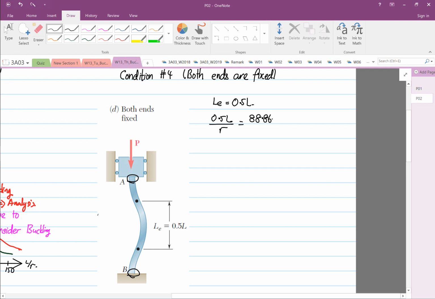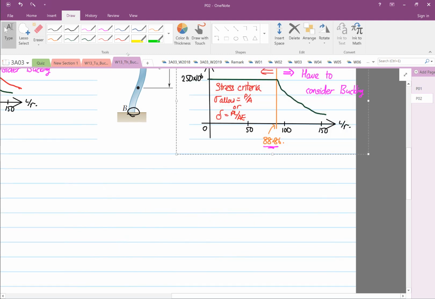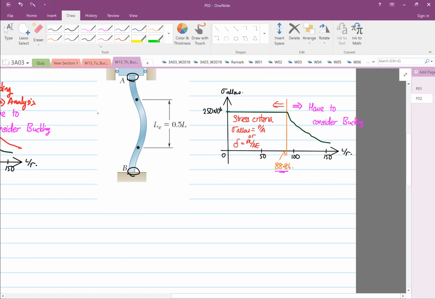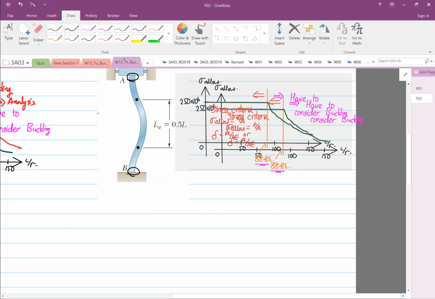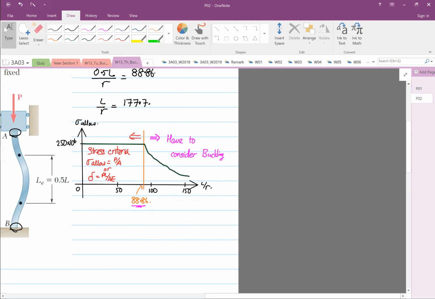So what you get over here, your L over R is equal to 177.7. So what this means, back to this diagram over here, right? You can delay the buckling analysis until you have reached a value of 177. Okay, so we'll be somewhere around here, right?